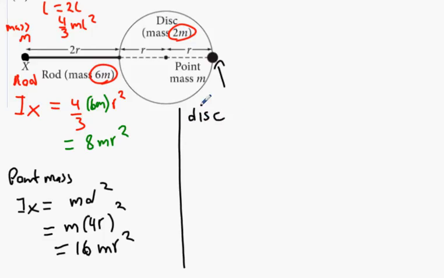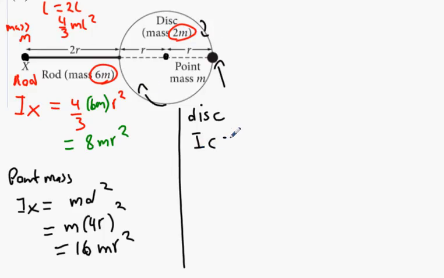Finally, we're on to the disc. Anybody tell me what we're going to do with the disc? Is there any axis on the disc that could be parallel to X? The center, is it going into the board or is it lying along the plane of the board? It's going into the board. If you're worried about that, check the language of question 3. You'll see that it says perpendicular. So it's going into the board and the disc is spinning around it.